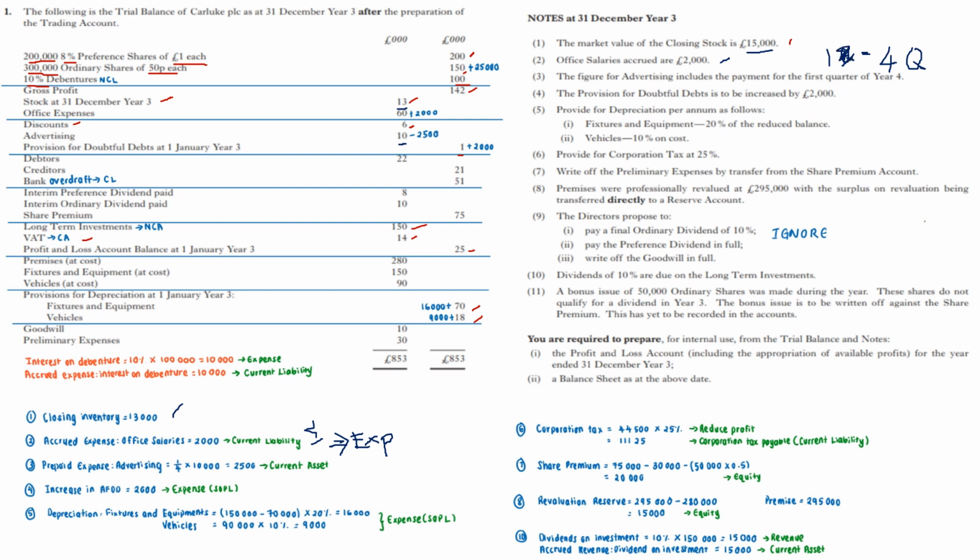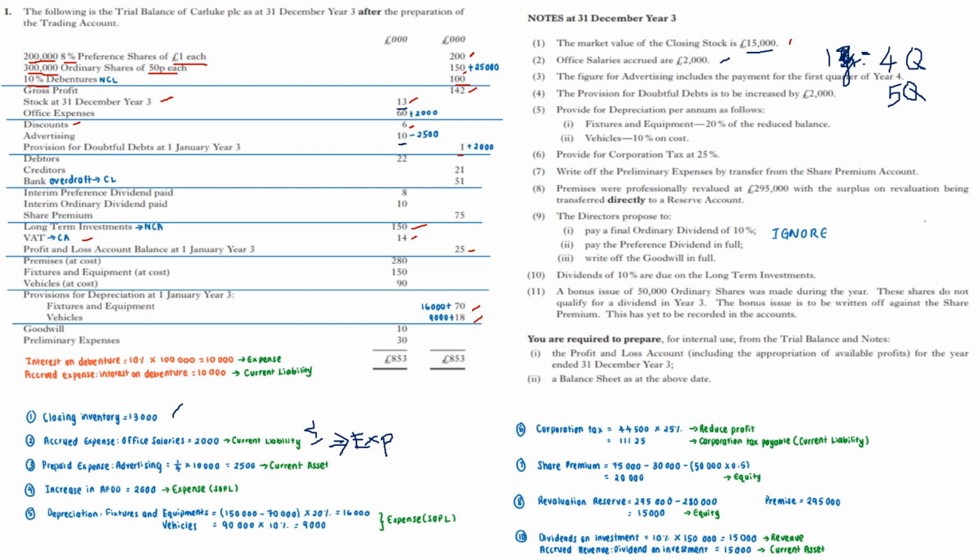So if they say that the payment also covers the first quarter of year 4, then the figure 10,000 covers 5 quarters. The 5th quarter is for the next accounting period, which means that 1 out of the 5 quarters has to be removed from your advertising amount.